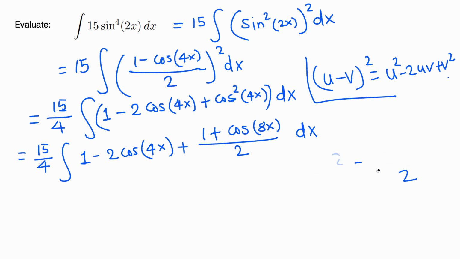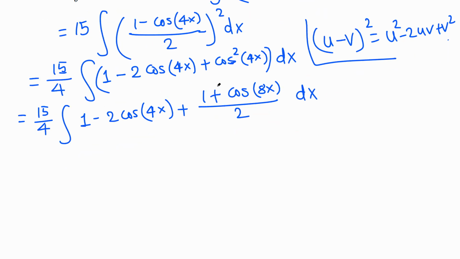Now there is no square or anything. We should be able to complete the problem now. This 2 is not for everything, so we cannot pull it all the way outside. 15 over 4, the antiderivative of 1 with respect to x is just x, minus 2 times the antiderivative of cosine 4x.